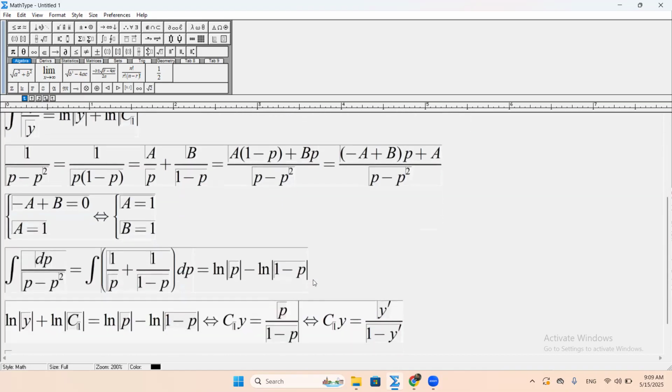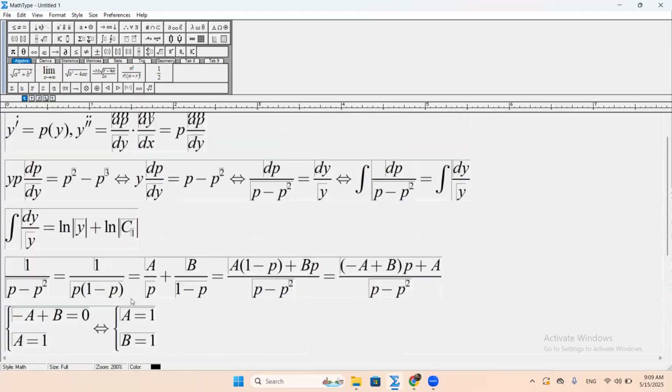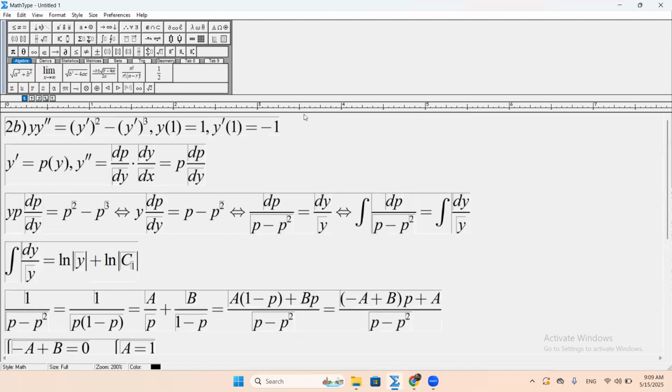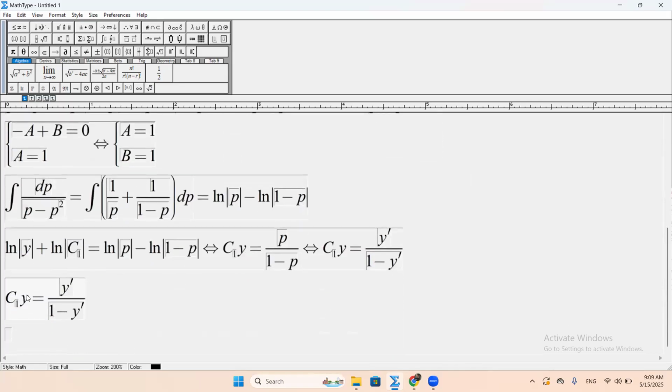Okay. Yeah, we actually can find C1. C1 can be found. So if we substitute 1, so y from 1 equals 1, and y prime from 1 equals minus 1.